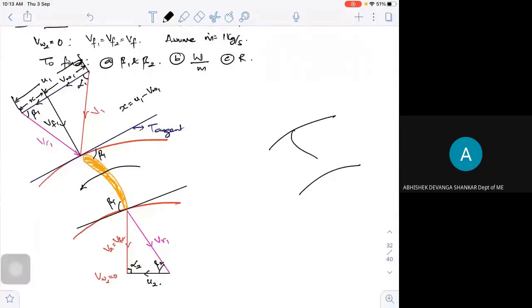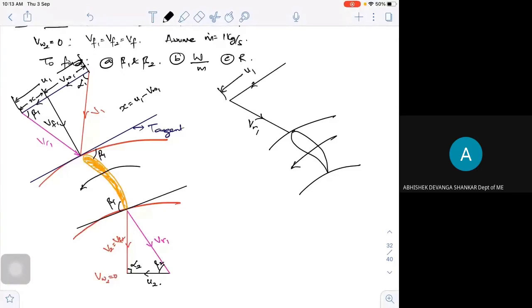Once again, see, if this is my hub, this is my tip. And your blade profile is something like this. Your relative velocity is always in this direction. It is rotating in this direction, but U will always be in the tangential direction.